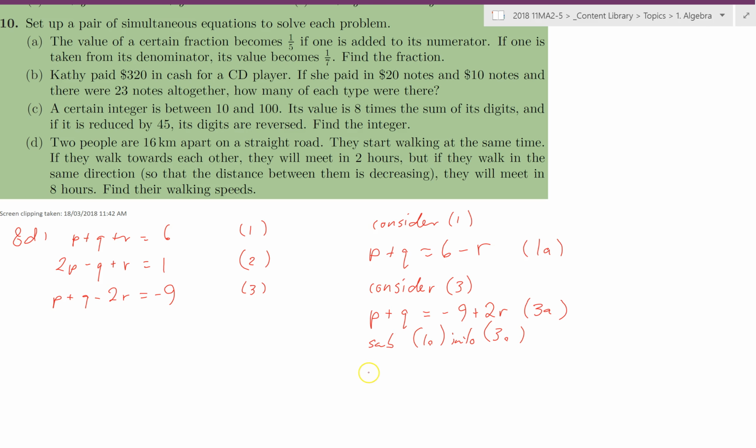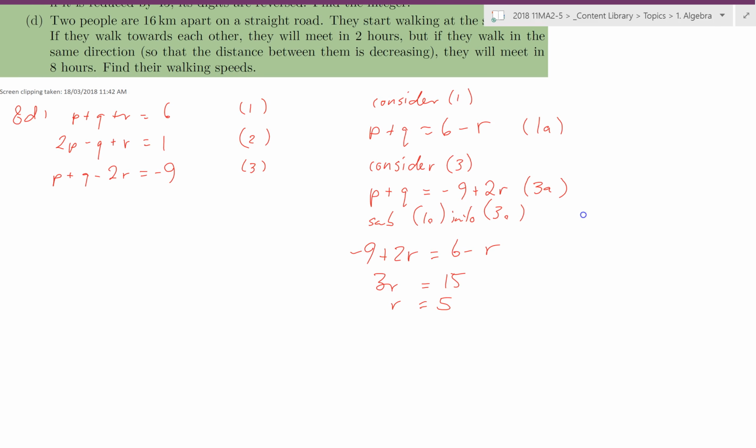So I know that negative 9 plus 2R equals 6 minus R. Therefore, add an R to both sides, 3R. Add 9 to both sides, equals 15. And R equals 5. That is pretty quick to get into this.